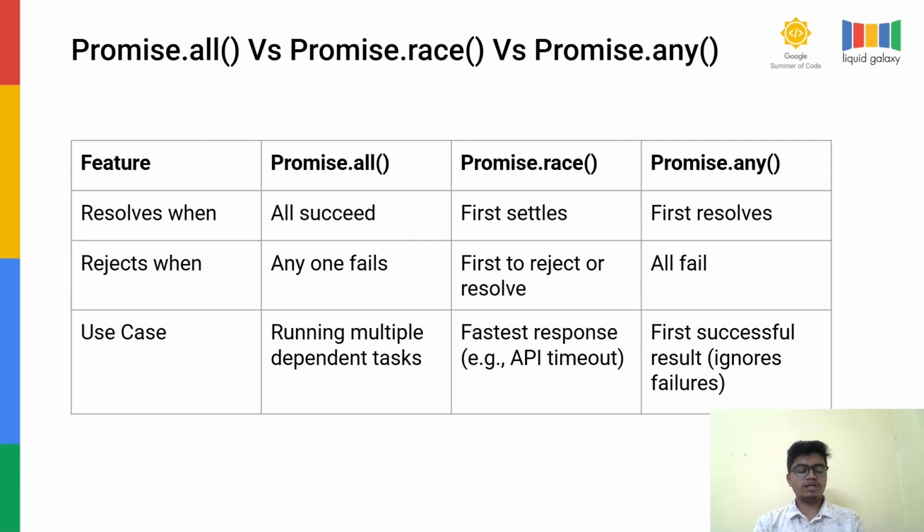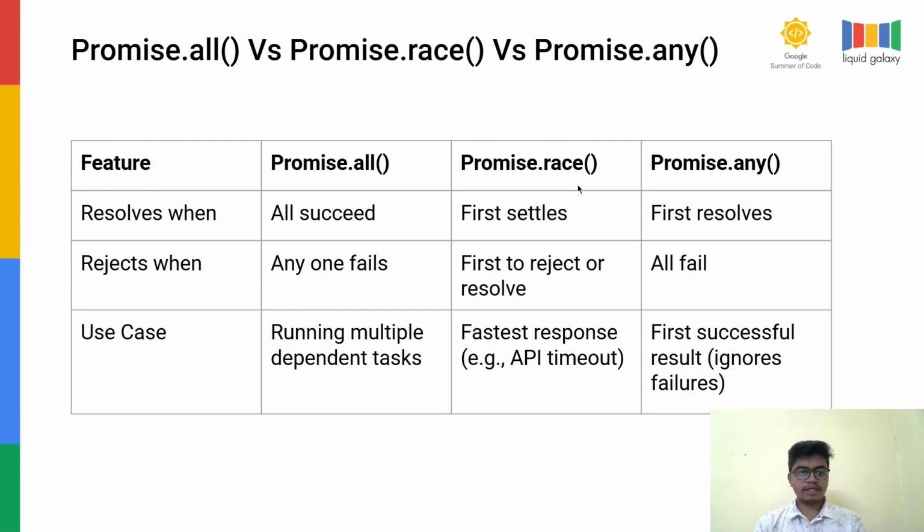Promise.any resolves only when the first promise resolves successfully. So it ignores the rejected ones, which is different from Promise.race, because Promise.race also considers the rejected promise. But Promise.any will resolve only when the first promise gets resolved successfully.